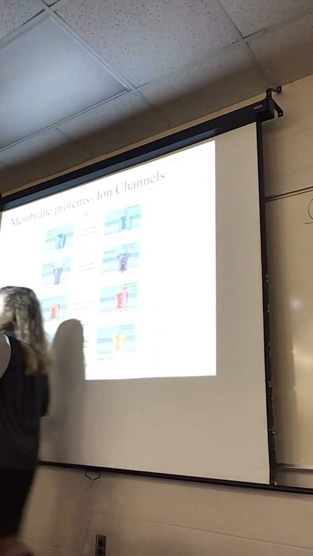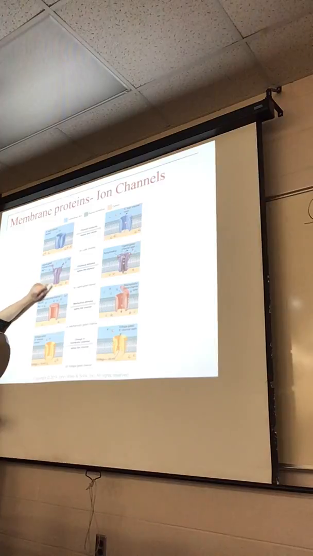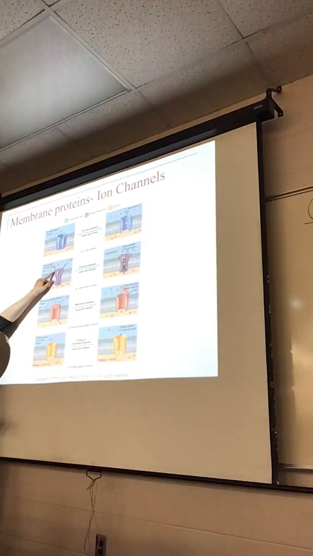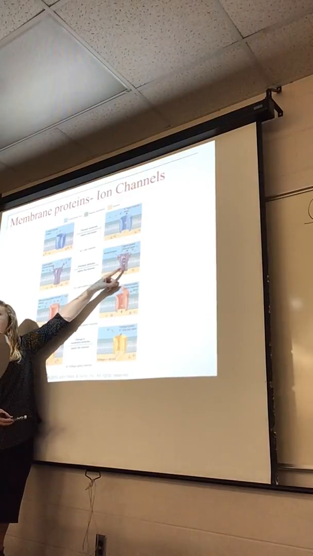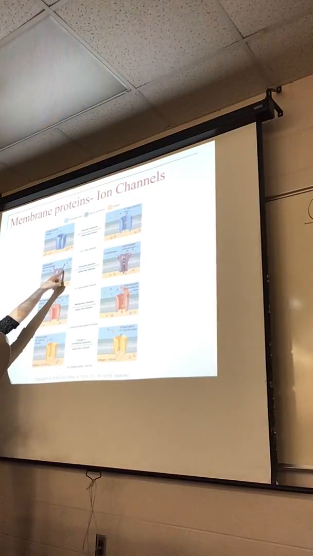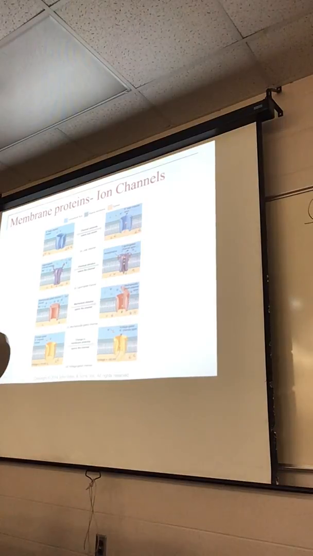So notice the important difference in this purple channel in this figure versus this leak channel is that there's this little red diamond-shaped chemical coming in and binding to a specific receptor on the channel. So notice the only thing that causes the channel to open and allow things to come into the cell is the binding of this chemical or this ligand. So that's why it is ligand-gated or chemically gated. Because the channel will only open and close in response to binding of a ligand or a chemical.